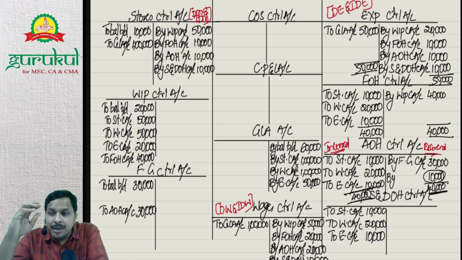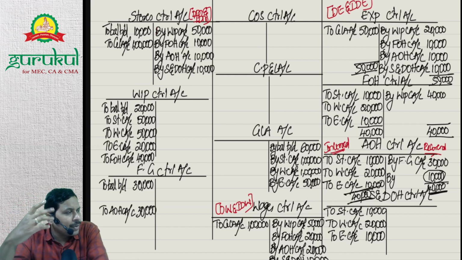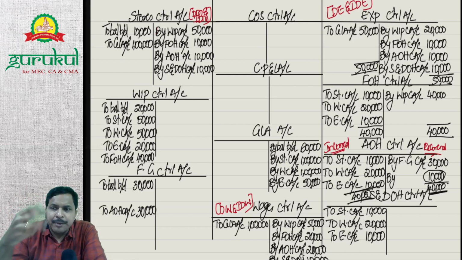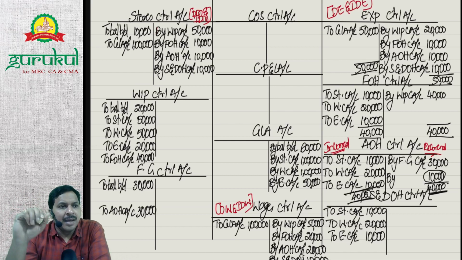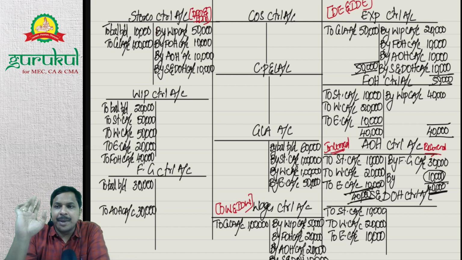Here, questions related to use of supplementary rate will not be asked, because by using supplementary rate we should pass a number of other entries also. So from an examination point of view, he will not ask that. Therefore, we will go with the other two methods: one is carry forward, the other is charge to costing P&L.